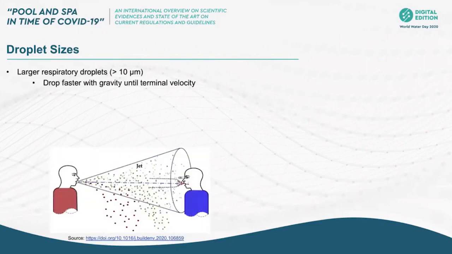They drop faster with gravity until they get to a terminal velocity. So you can see here these larger red ones drop first, these medium-sized green ones then drop a little further, and some of these, I think they're bluer or gray, but some of these other ones that are either smaller droplets or in aerosol size go ahead and reach the other person for inhaling.